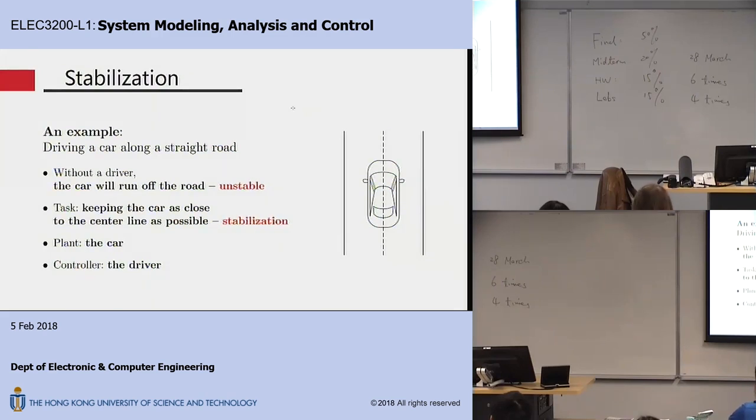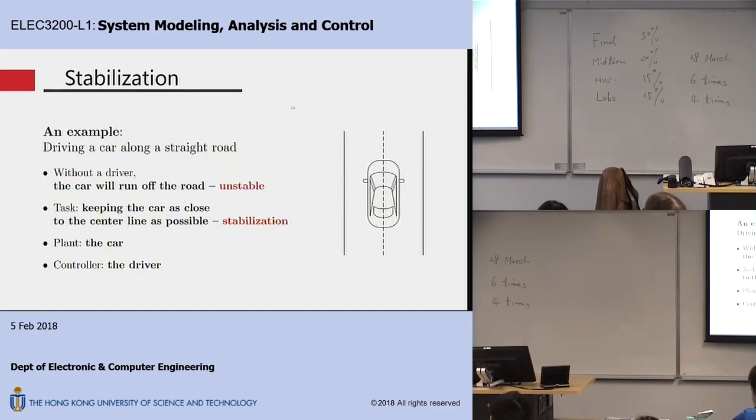With the driver, who now is a controller, you can possibly make it stable, keeping the car roughly in the center of the road. Intuition tells us this is possible. So this is actually a very simple control system.